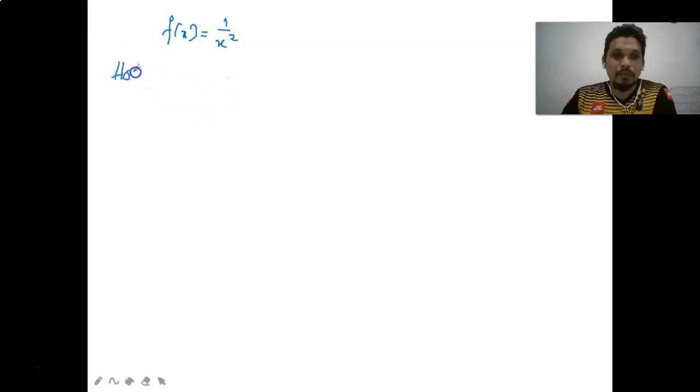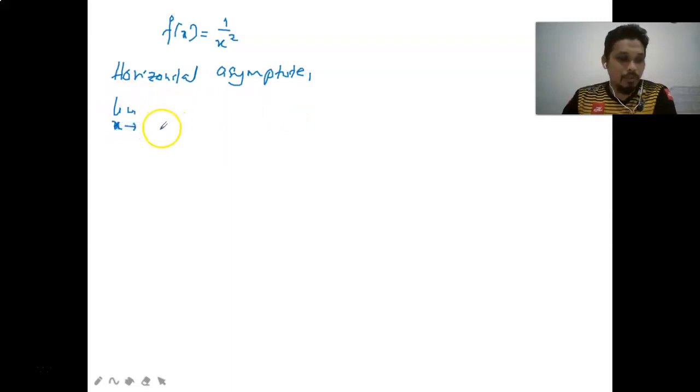So for the horizontal asymptote, the limit of x approaching negative infinity of the function 1 over x squared.